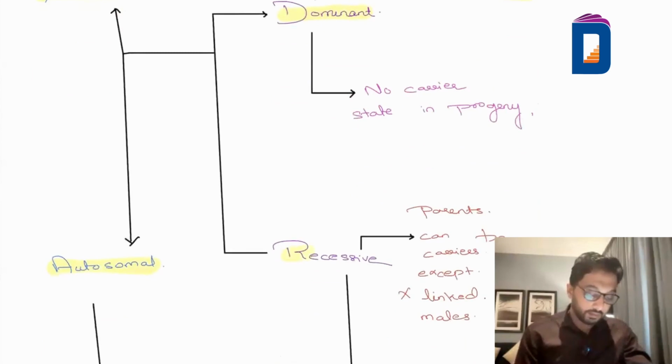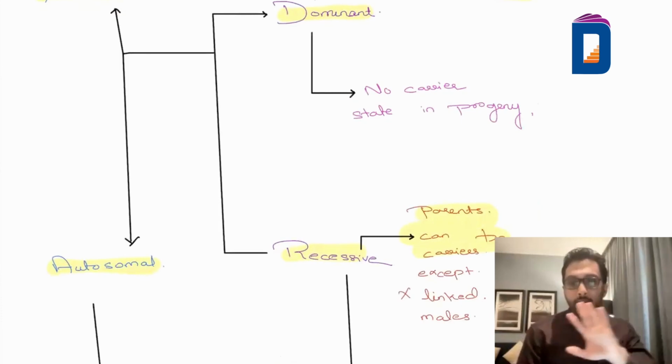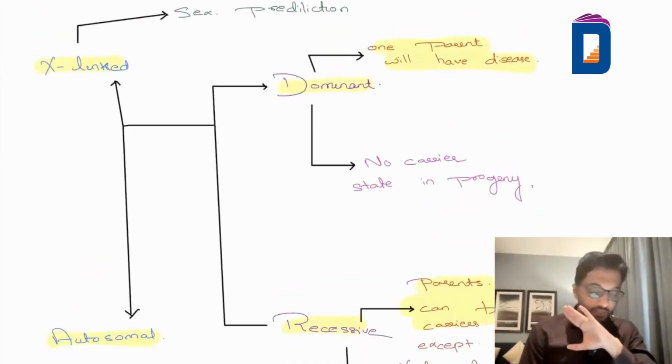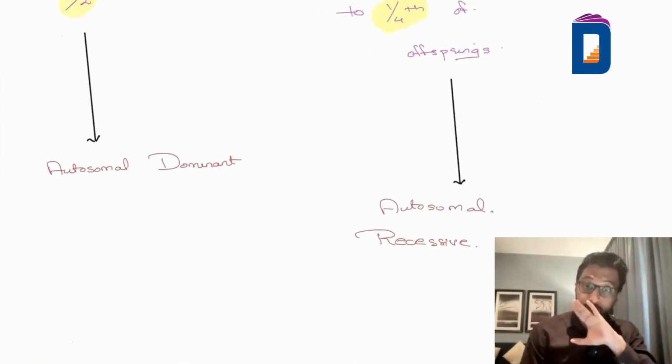Whereas in recessive, the parents can be carriers. It is not necessary, or most of the time, parents will not have the disease. They'll be carriers most of the time. So that's one point, especially when it comes to autosomal.